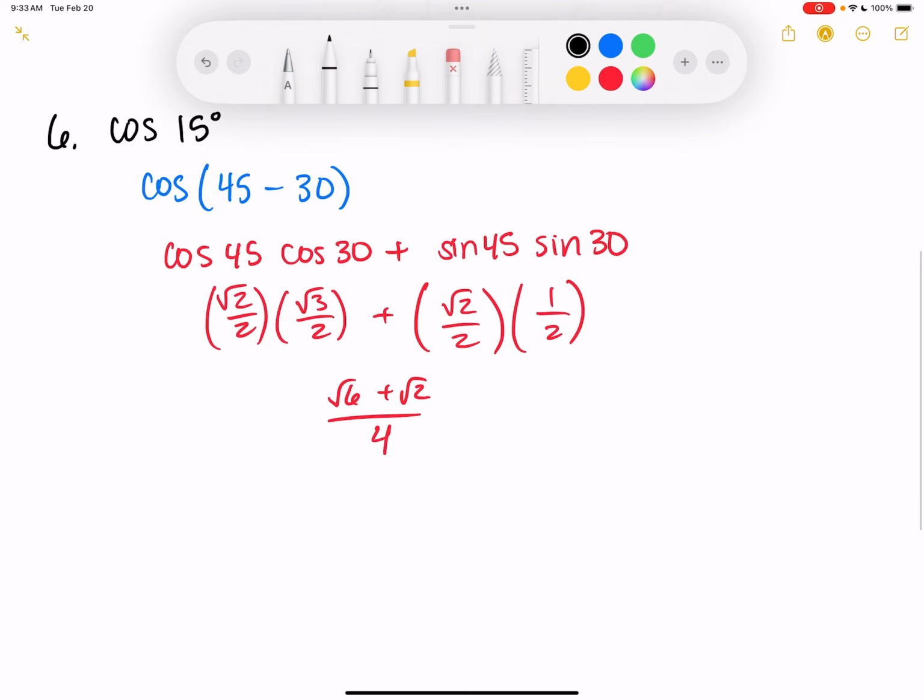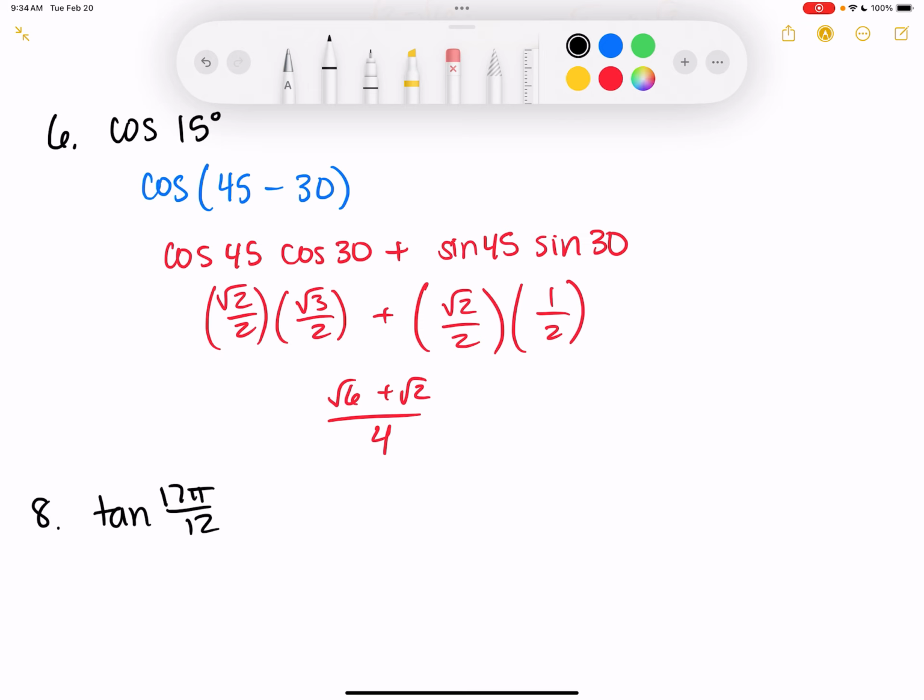All right, 8. This one is the tangent of 17 pi over 12. Now, not a value on the unit circle. And what kind of number is this? Yes, it's a radian, but what kind of number is this?